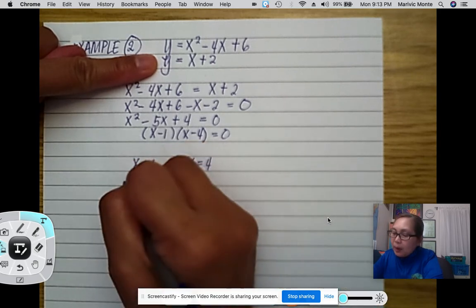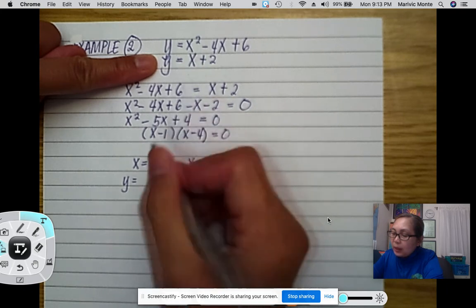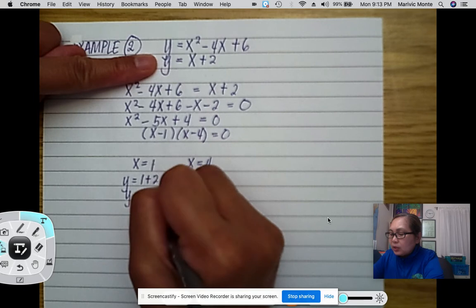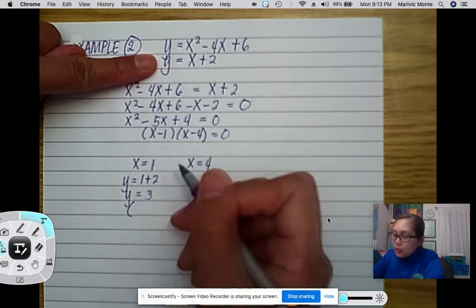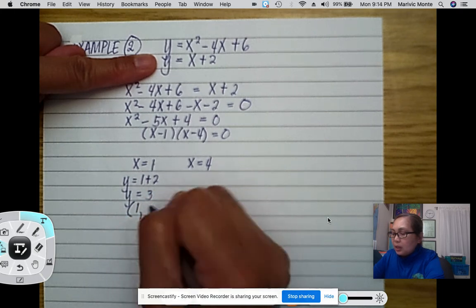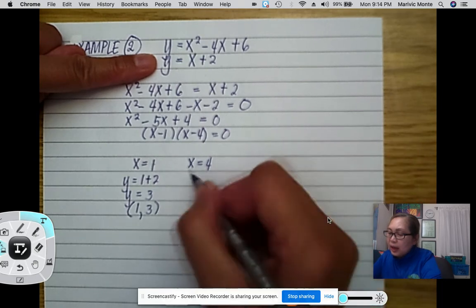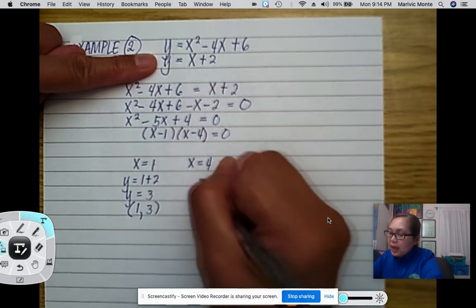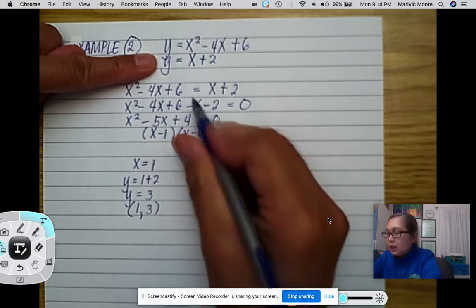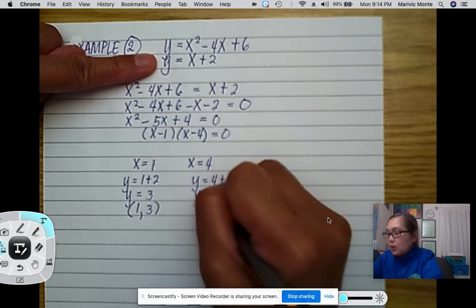So I have y equals, x is now 1, so 1 plus 2, and so my y here is equal to 3. So my first answer would be x is 1 and y is 3, (1, 3). And here, again using that linear equation, y equals, x is 4, plus 2. So my next y is equal to 6.